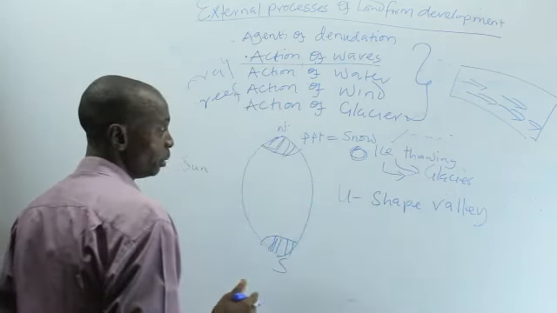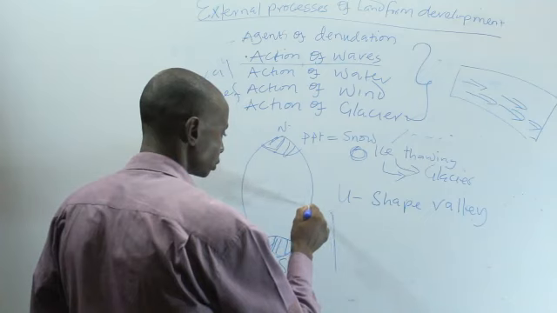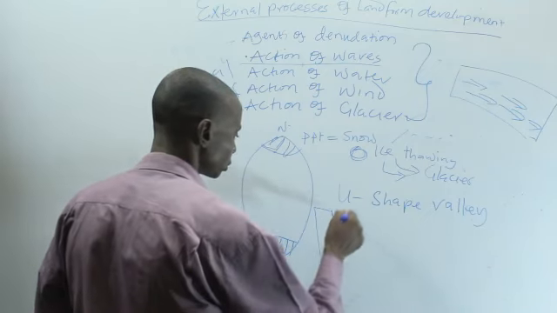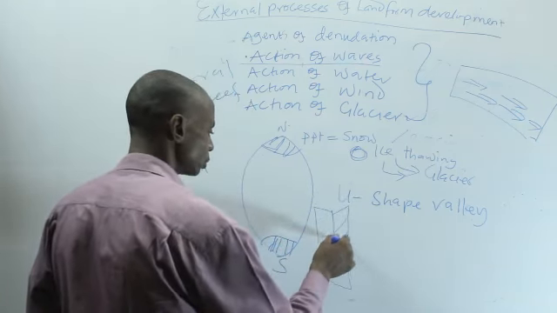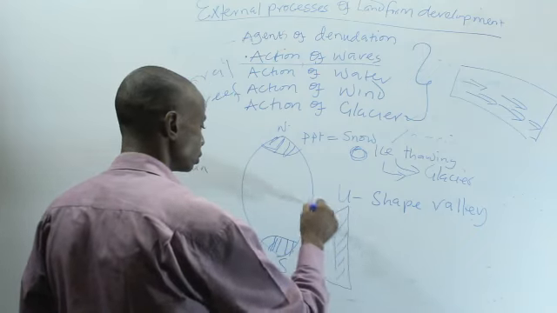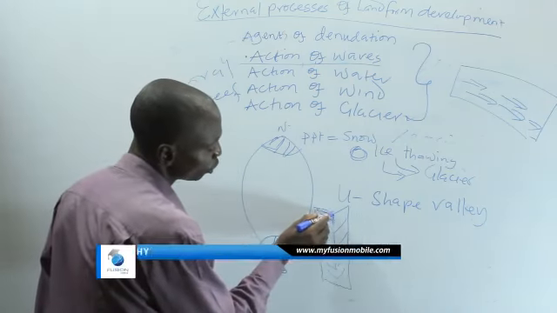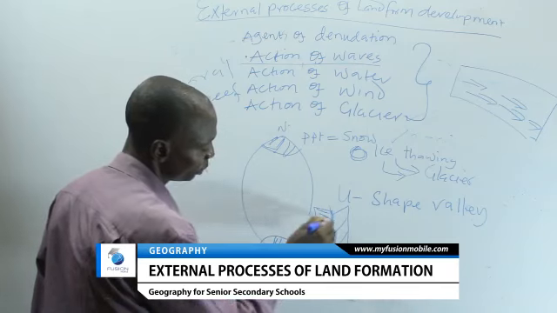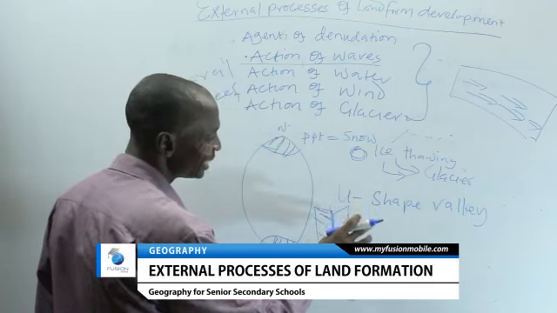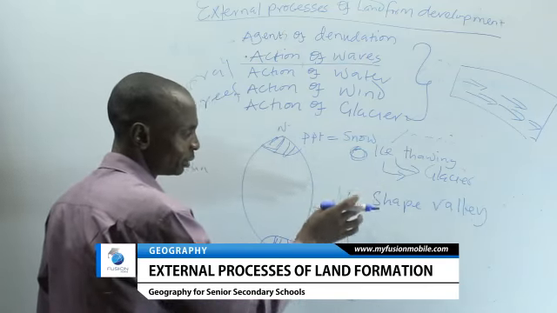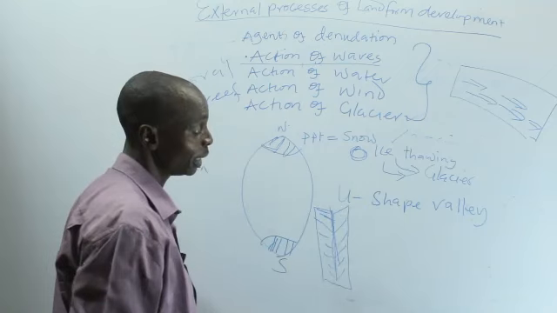What we mean by U-shaped valley is a valley formed as a result of the eroding power of this glacier to create a U-shaped type. The shape of the valley looks like a U. That is what we mean by U-shape.